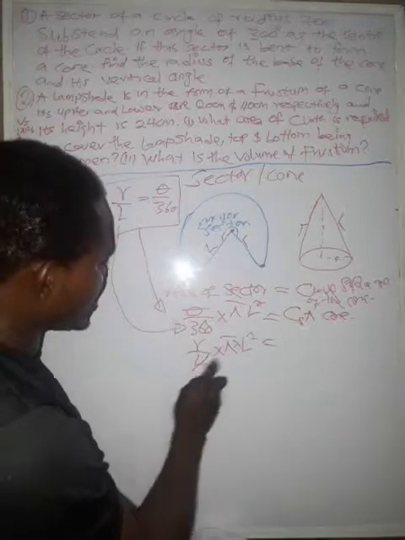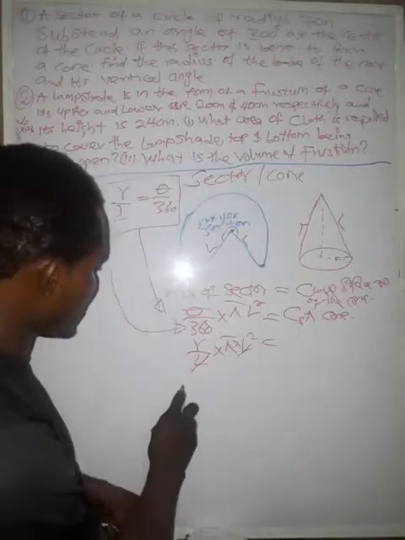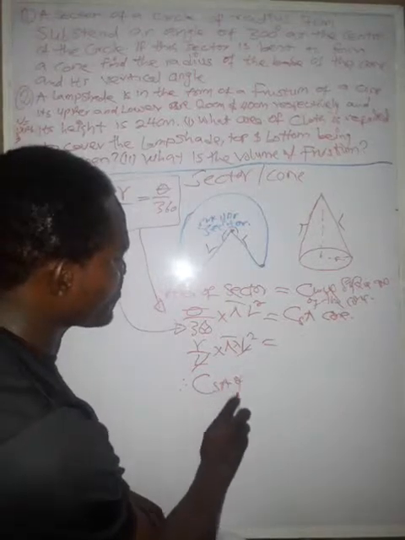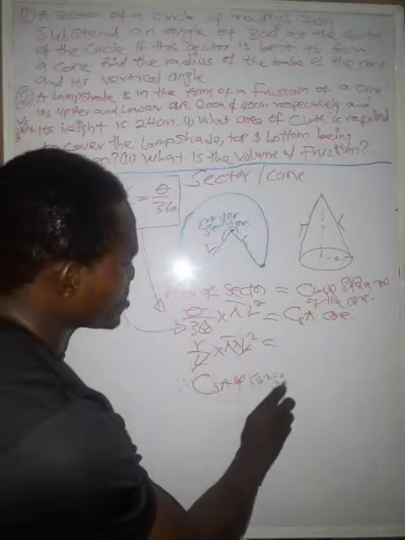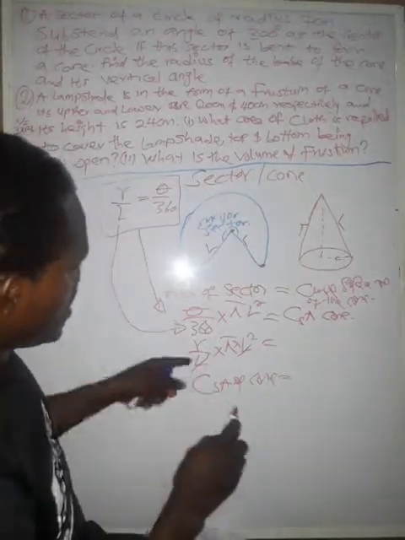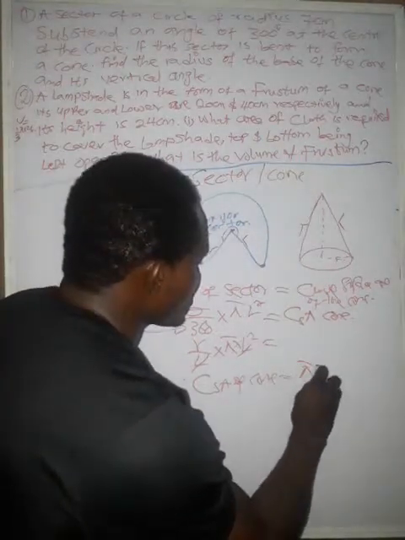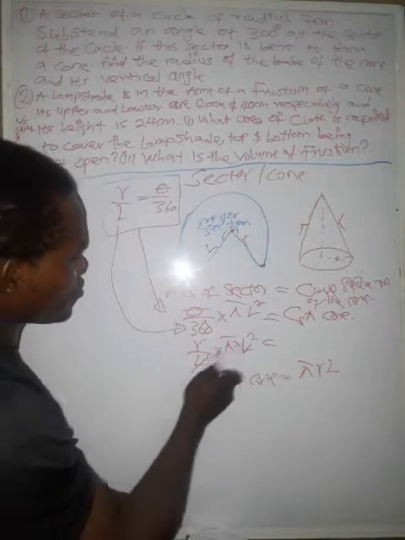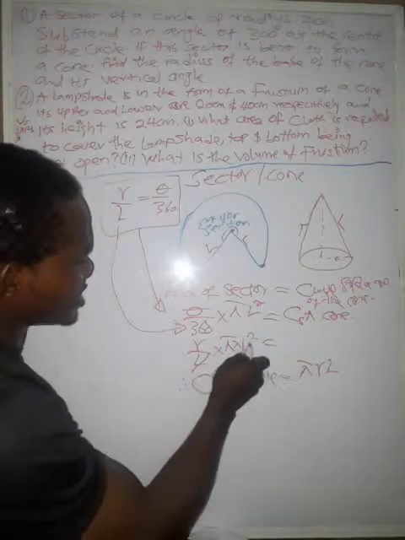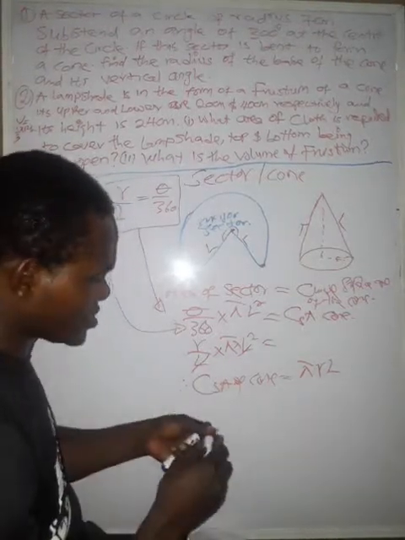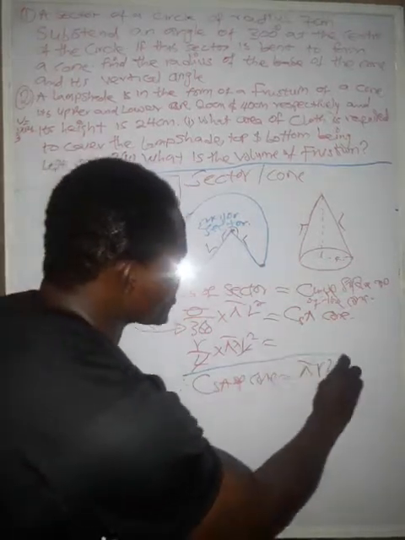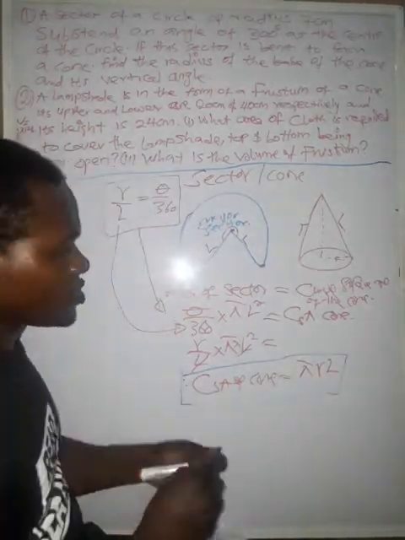You see that L cancels L. Therefore, the curved surface area of the cone is equal to pi r L. One L has cancelled one of these. So this is now the formula for the curved surface area of the cone.